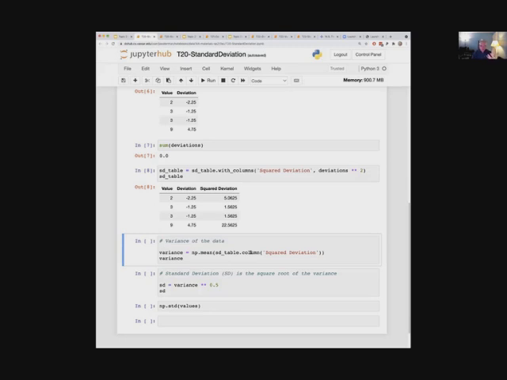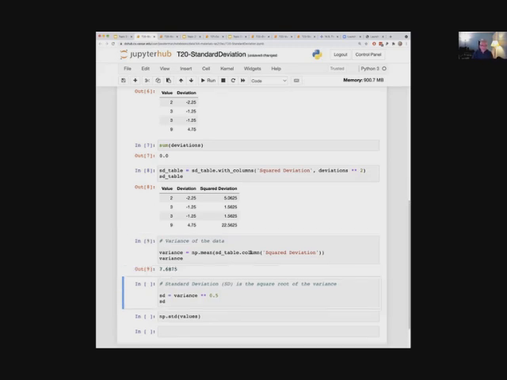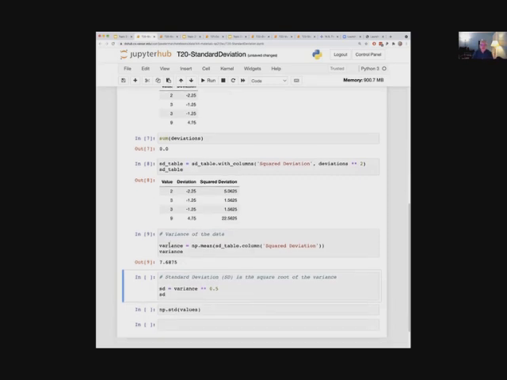We can take the average of all of these squared deviations, and that gives us the variance. Now that's a useful metric, because it's not going to be 0 all the time. It gives us some indication of how spread out this data is.